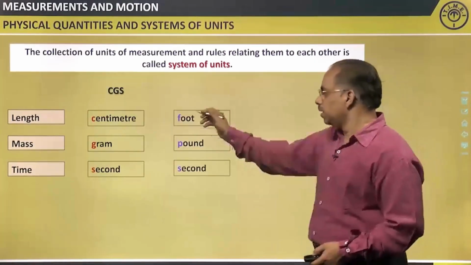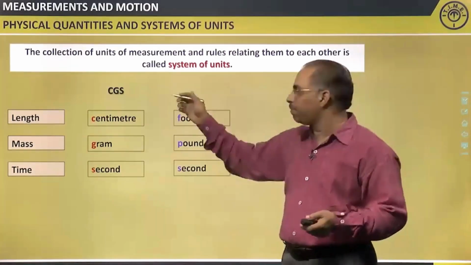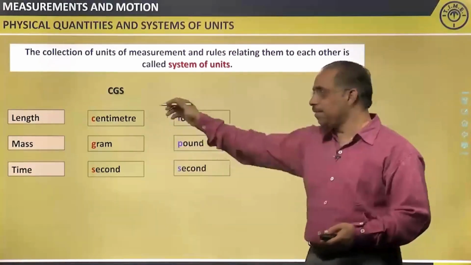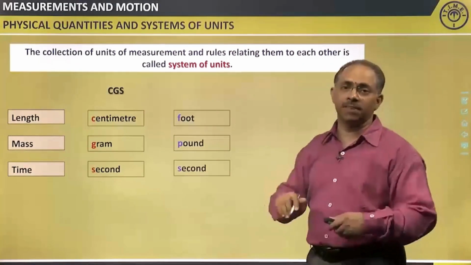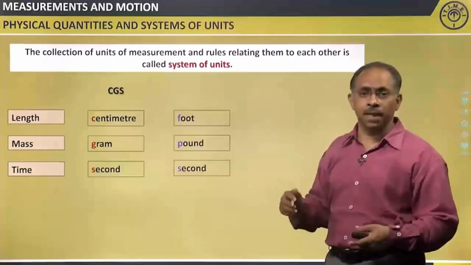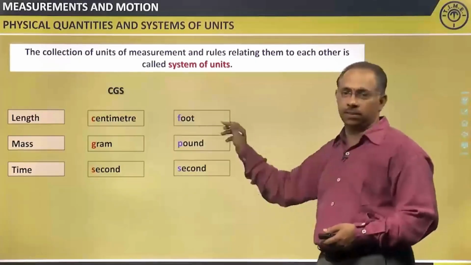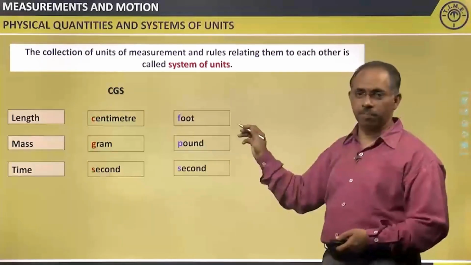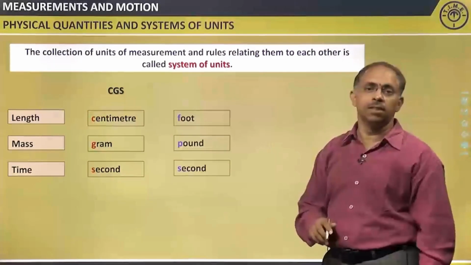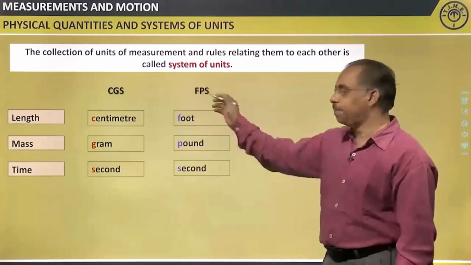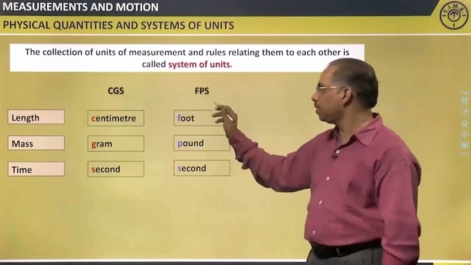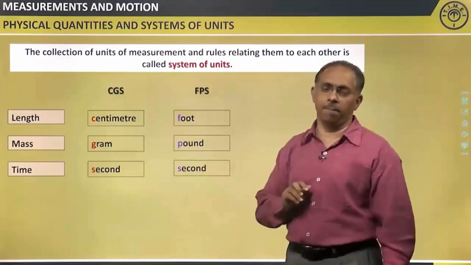So I am measuring these three fundamental quantities in these three units, and any other derived physical quantities I am expressing in terms of these units. This system of units, what will you name it? Yes, you are right, FPS: F for foot, P for pound and S for second.